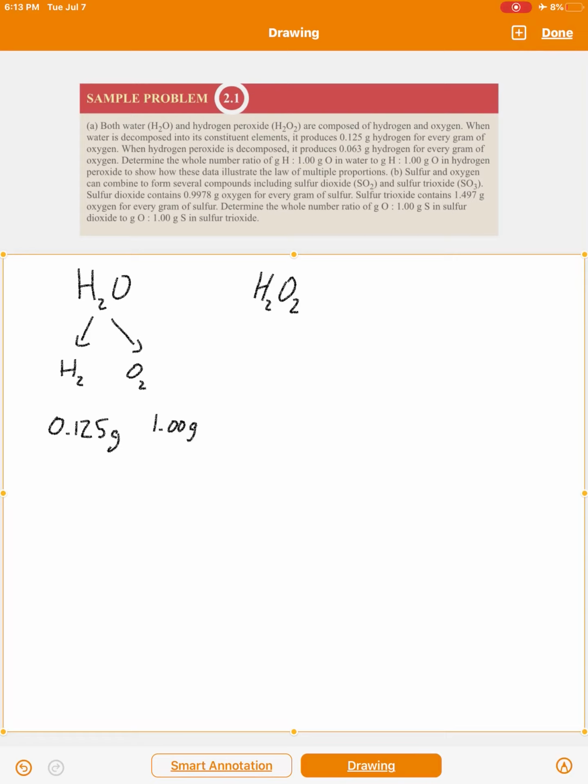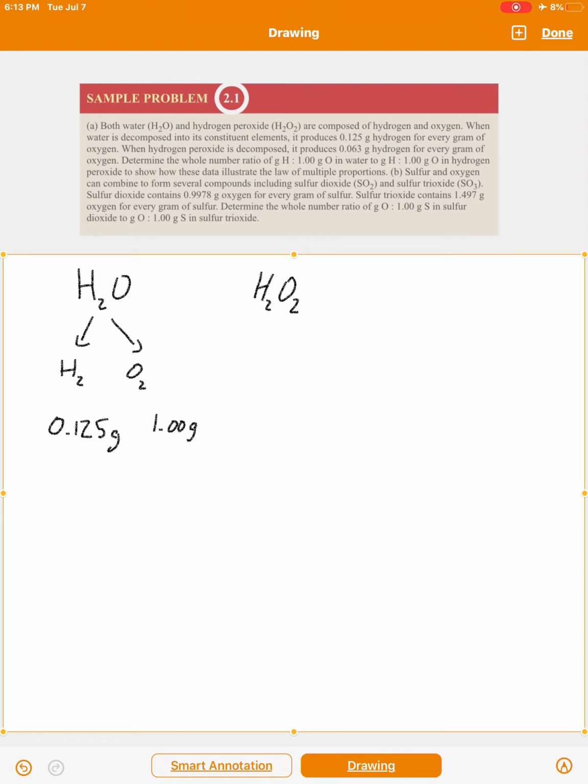Okay? That ratio is essentially fixed. So if you decompose a lot of water or a little water, you will get 0.125 grams of hydrogen for every gram of oxygen. So if, let's say you got 2 grams of oxygen, you would get 0.25 grams of hydrogen. The ratio is fixed.